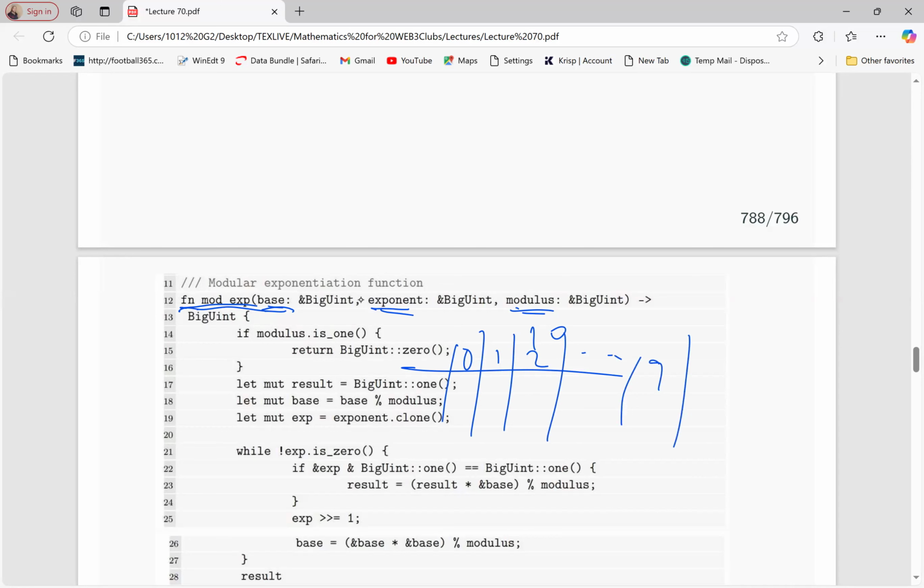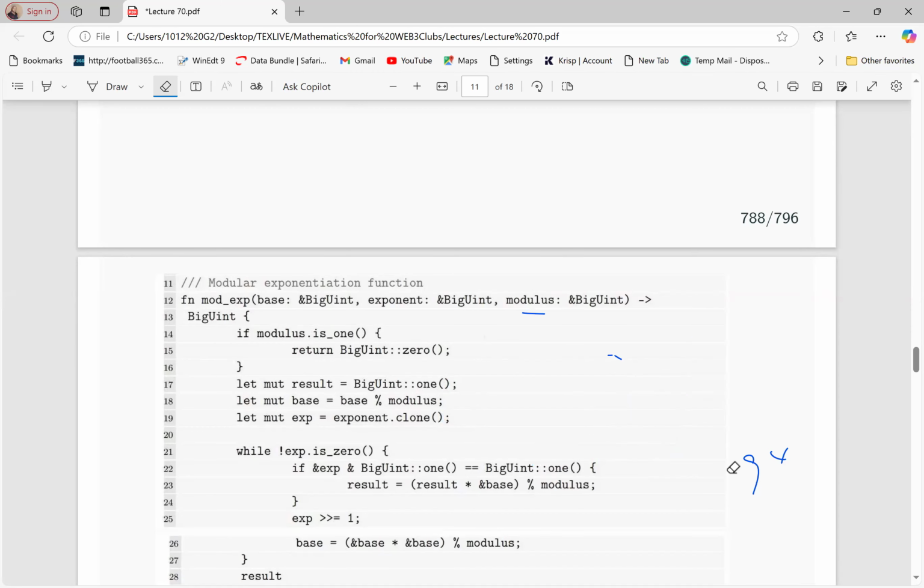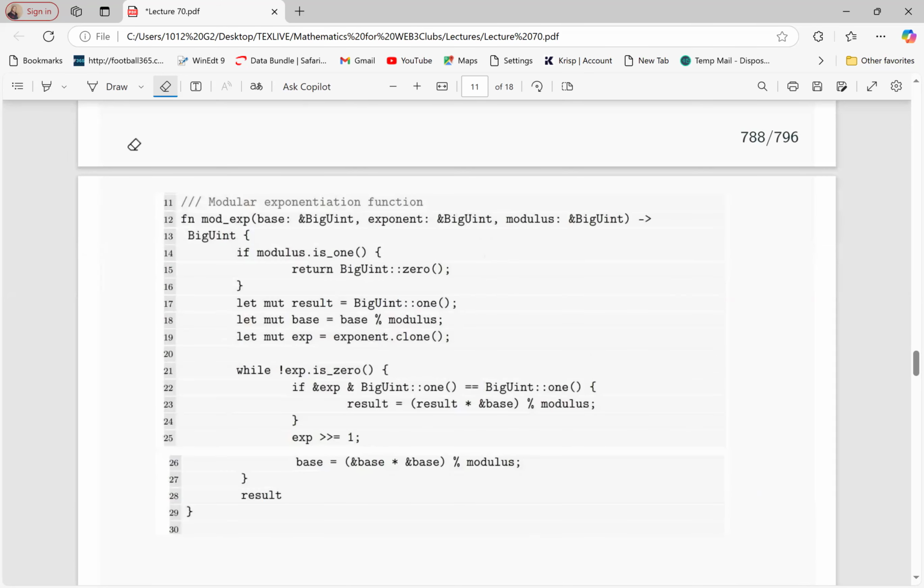So it tries 0 raised to 4, 1 raised to 4, 2 raised to 4, 5 raised to 4, and so on up to 9 raised to 4. It wants to see what we get. After getting that, we shall give it a formula that will help us pick the u for us.